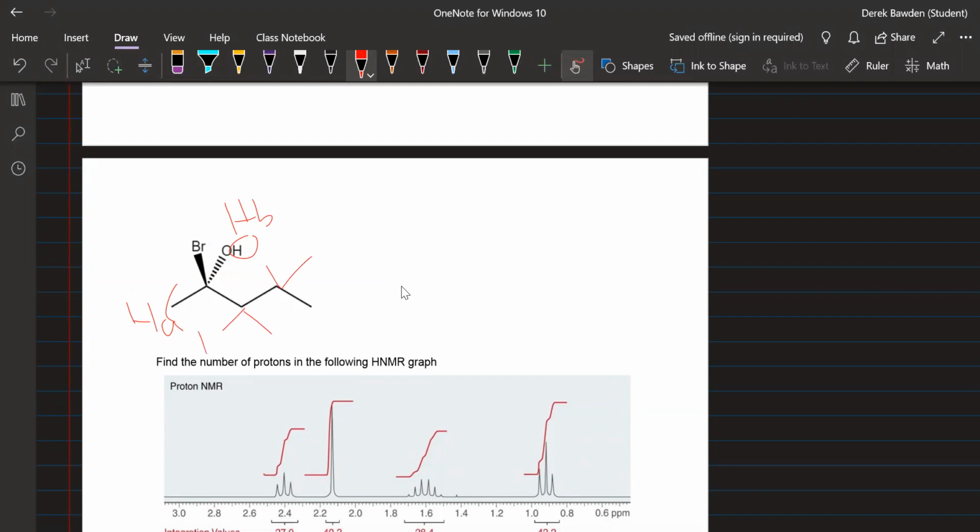So we're going to have HC, HD, HE, HF, and then these three on the end, HG. Does that make sense to everybody? When there's a stereocenter in the molecule, which is right here, that's our stereocenter, then our CH2 hydrogens are going to be separate signals from each other. Any questions on that?